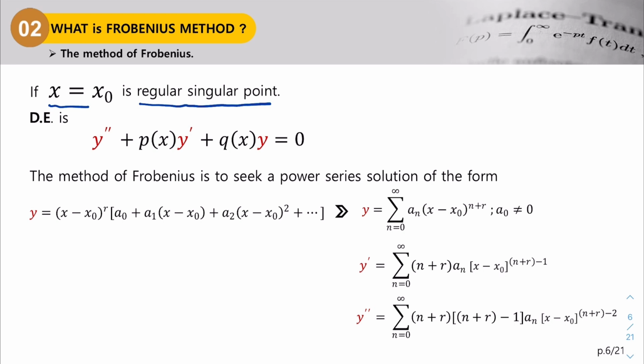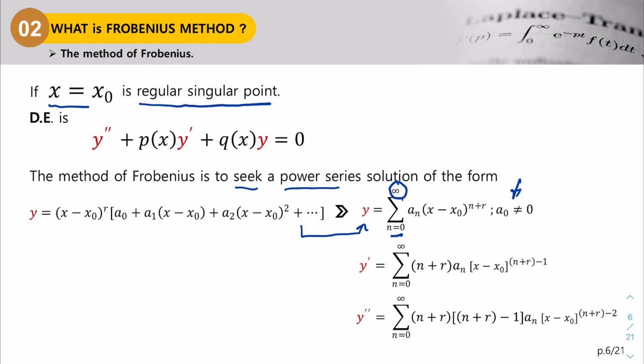The method of Frobenius is to seek a power series solution of the form y = (x minus x0)^r (a0 + a1(x minus x0) + a2(x minus x0)^2 + ...), which can be rearranged in series form as y equals the sum from n equals 0 to infinity of a_n (x minus x0)^(n+r). We require a0 not equal to 0.